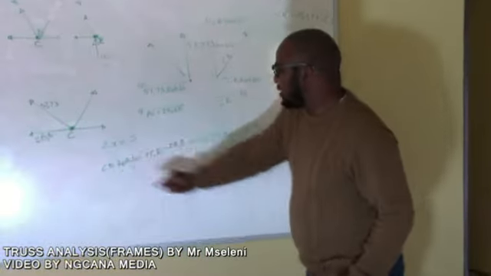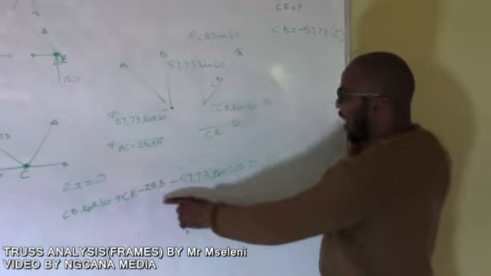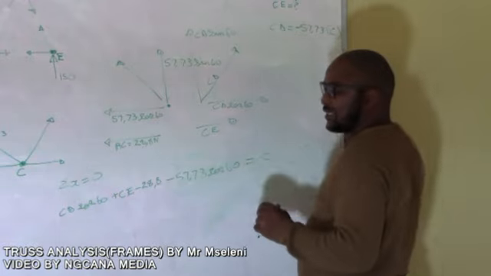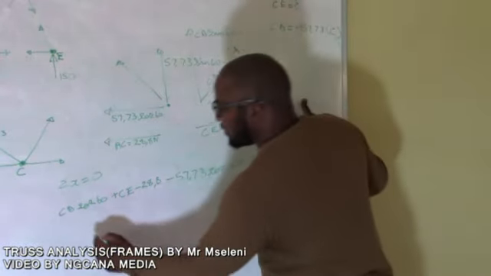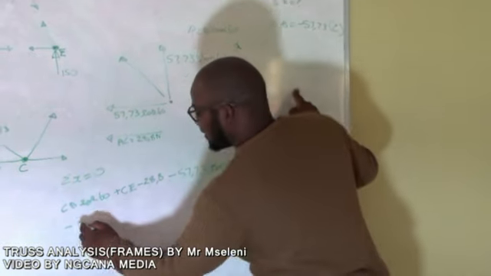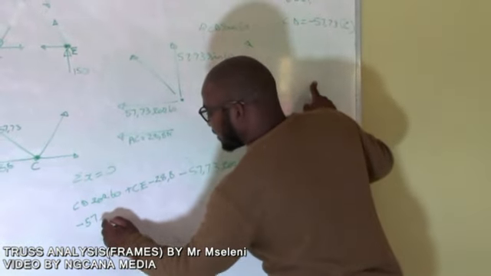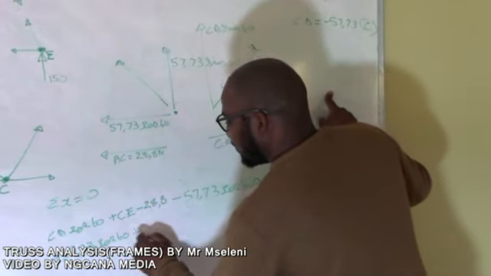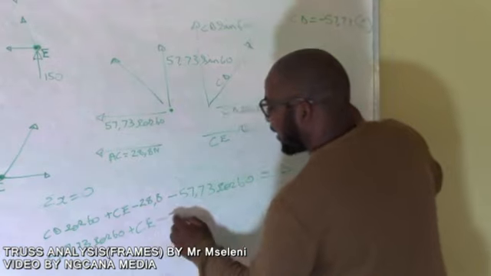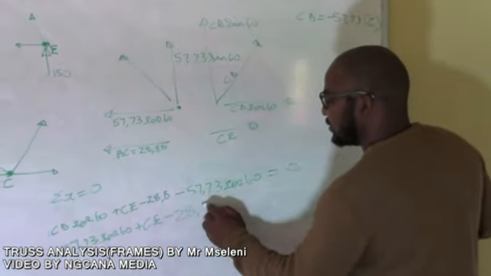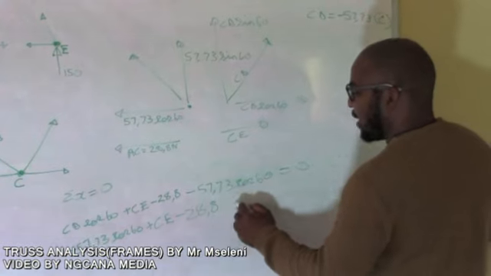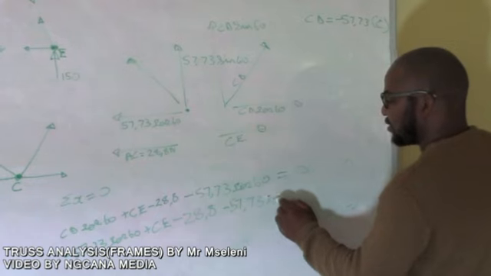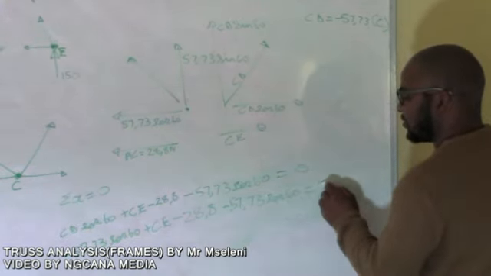Your CD you already know, and the only one unknown we have here is CE. Therefore, you substitute CD as negative 57.73 cos 60, plus your CE, minus 28.8, minus 57.73 cos 60 equals 0.